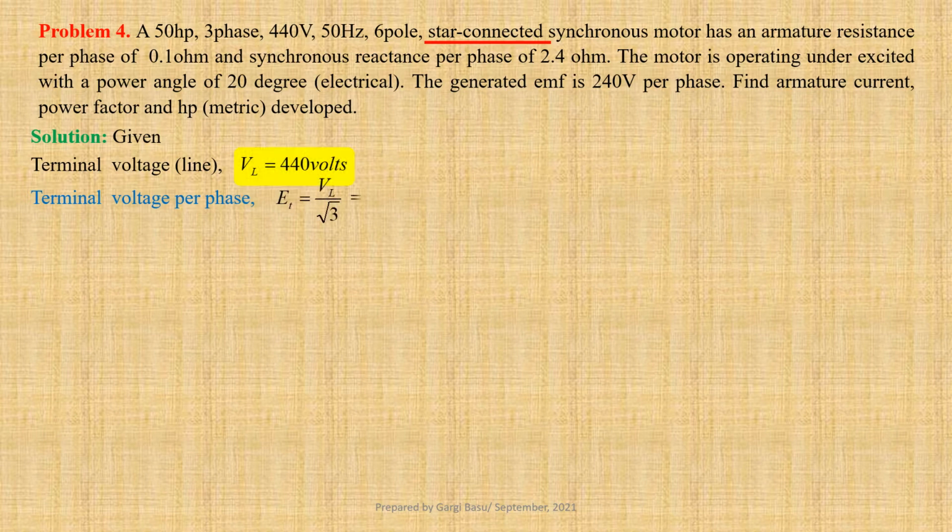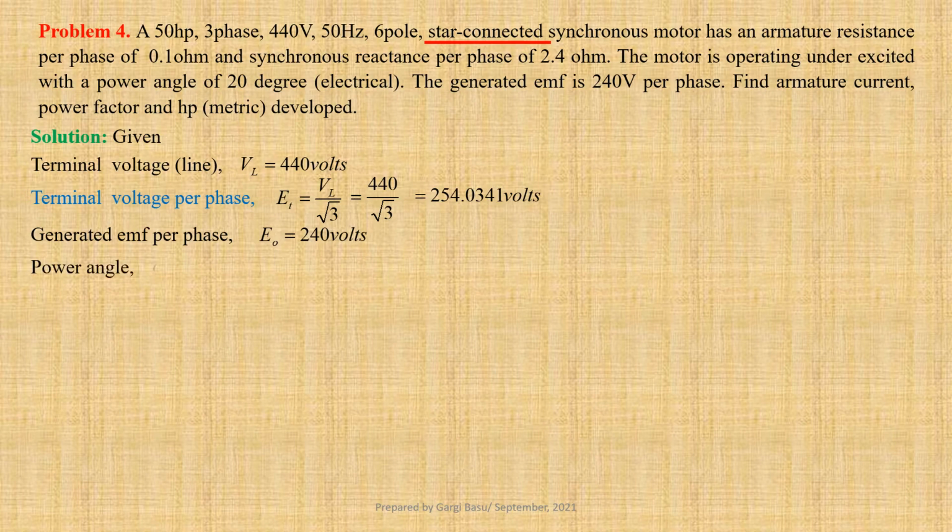That is equal to 440 divided by root 3. That gives us 254.0341 volts. Generated EMF per phase E0 equals 240 volts. Power angle delta equals 20 degree electrical.